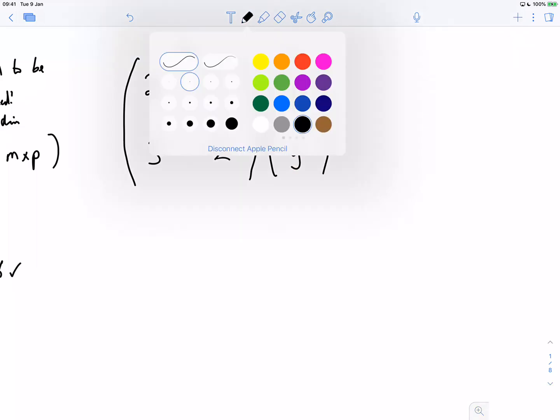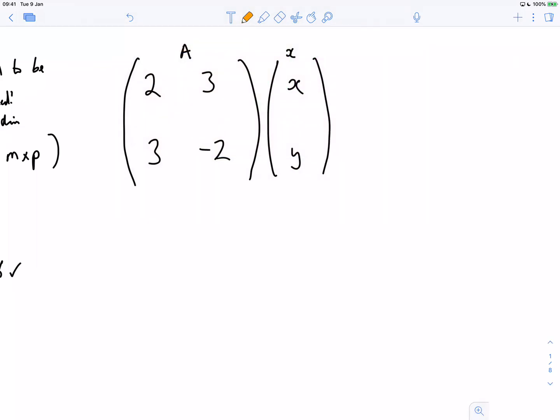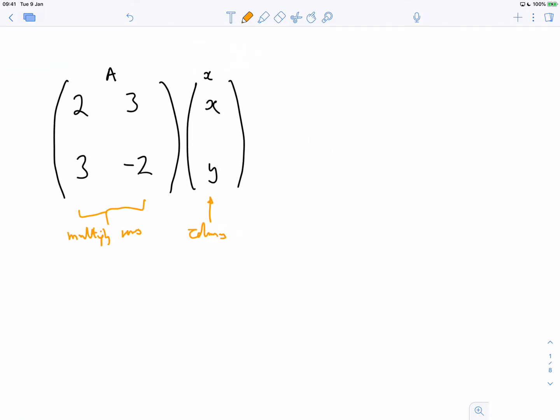The way you've got to remember it is you just have to multiply each element of the rows in this matrix by the columns of this matrix. Let's clarify what I mean by that.